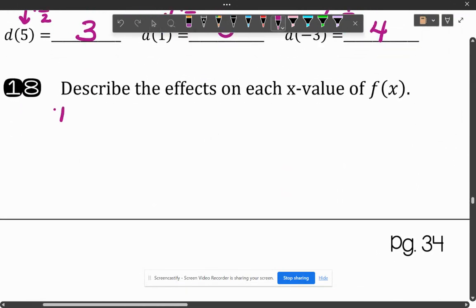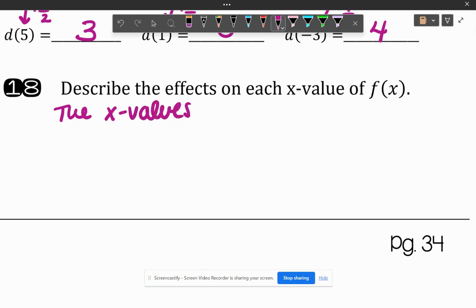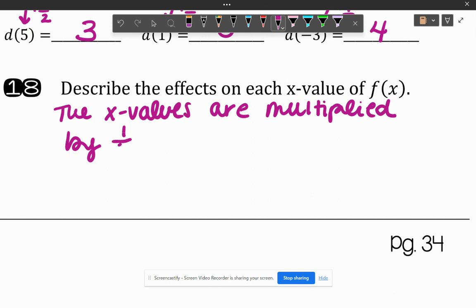So when I describe the effects, the x values are multiplied by 1/2, which is causing the horizontal compression.